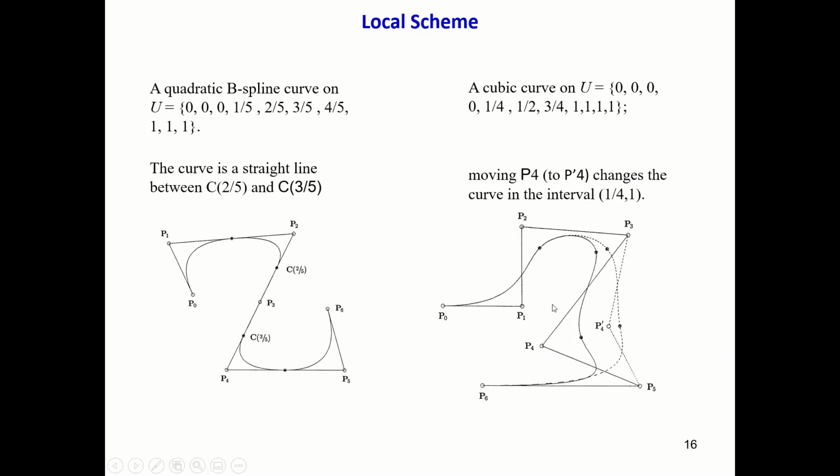And in the next example, we can see a cubic curve which is defined on u for the following parameters. Here we can see that when we move the control point P4 to P'4, this changes the shape of the curve in the interval 1/4 to 1.